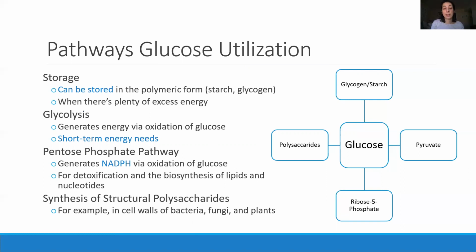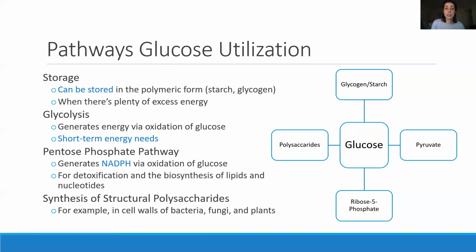And so it can then be shuttled off to be stored. There is, of course, glycolysis, which we will be talking about, the breakdown of glucose, which generates energy via the oxidation of glucose. And this is going to be when we have short term needs of energy.